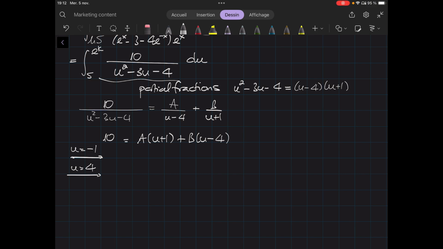Because if you plug in -1, the first term will be 0. If you plug in 4, the second term will be 0. So we have 10 equals 0 minus 5b, and 10 equals 5a plus 0 respectively. And from here, you can easily deduce the values of a and b.